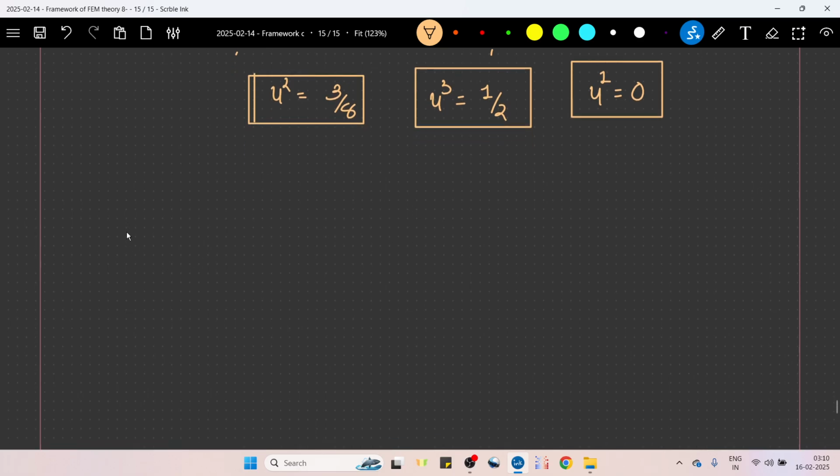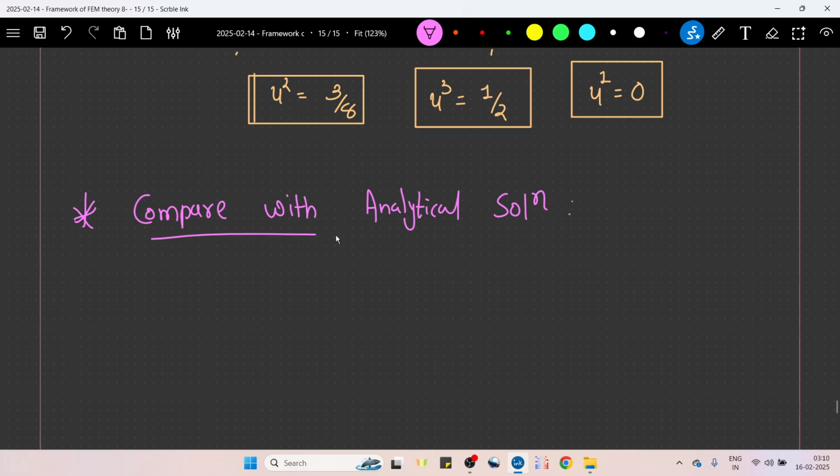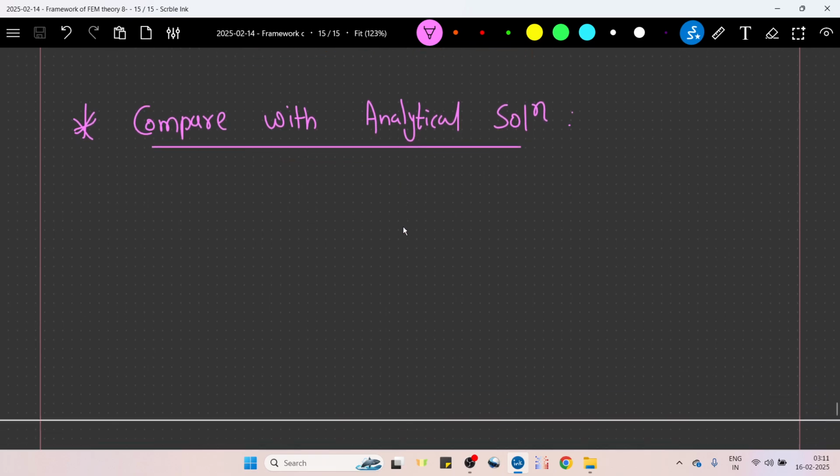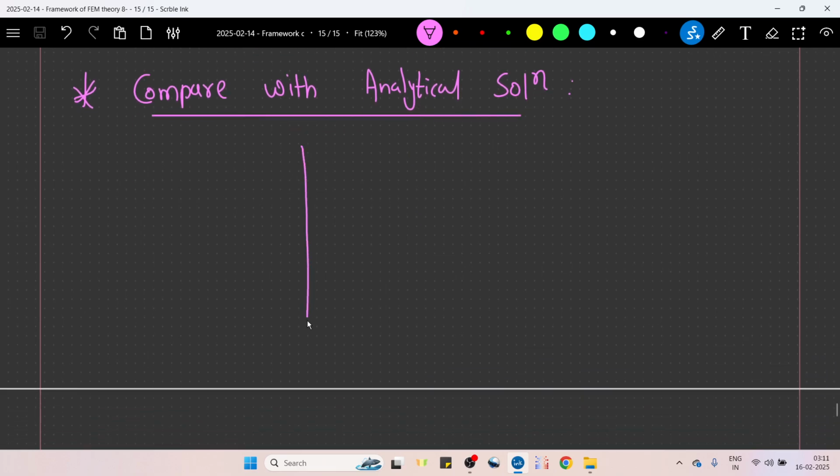Now let's try to compare this solution with our analytical solution. At x equal to 1 and x equal to 0, we know the solution u is 1 by 2 at the corner node.